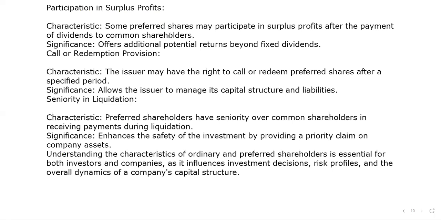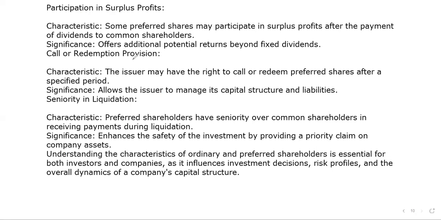The first people to be paid are the preferential shareholders, then the remainder goes to the ordinary shareholders. But if there's any money remaining, the surplus will be given to the preferential shareholders.